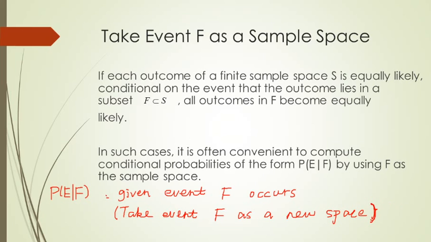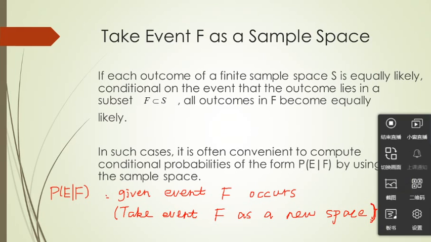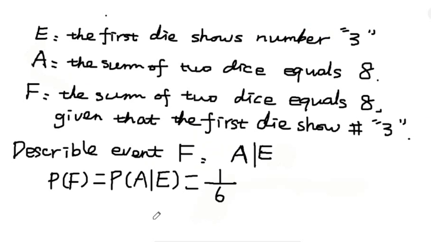Now let's review the examples we explained here. The notation we use usually will be event E given event F. So my event F becomes this one. It doesn't matter about the notation.